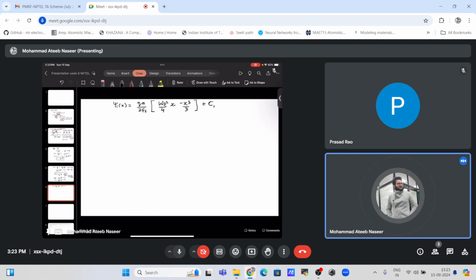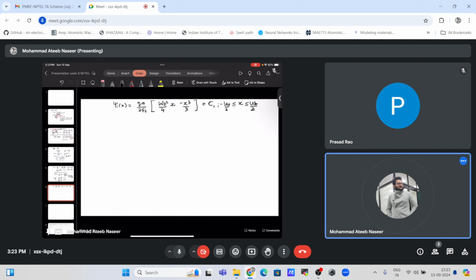Now this is the value of psi I between, sorry, it has to be between minus Wd by 2 and Wd by 2.